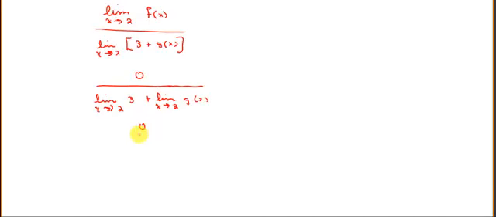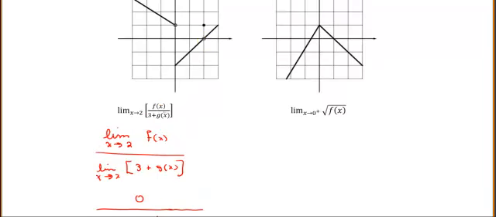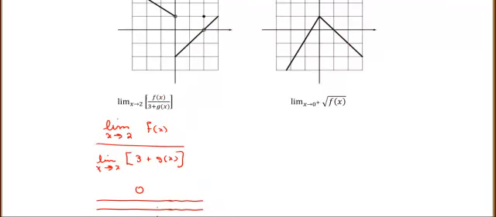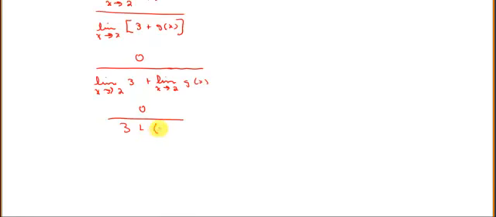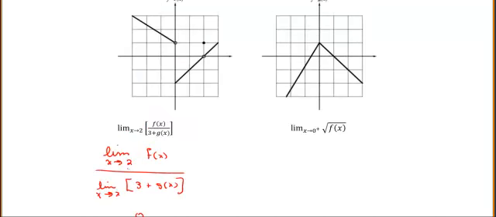The first is a limit of a constant, plus the limit as x approaches 2 of g of x, which was negative 1. So this would be 0 over 2, which is 0.